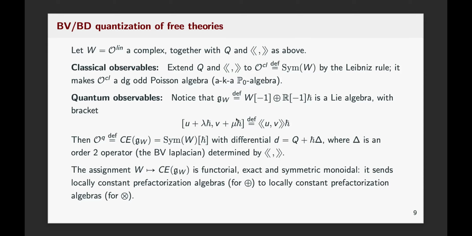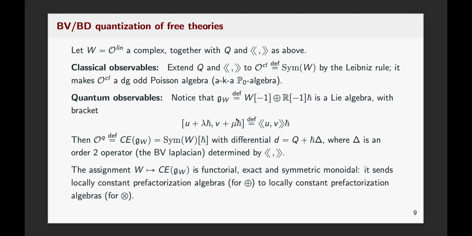And this something, if you're not used to this Schrödinger thing, is an order 2 operator. That is the operator that people call the BV Laplacian, and it's completely determined by the odd pairing, the odd brackets.